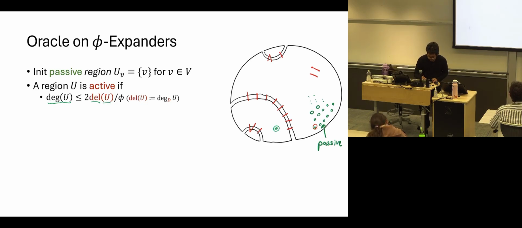What is this? This is just the degree of U with respect to deleted edges. So just count the number of deleted edges incident to the region.